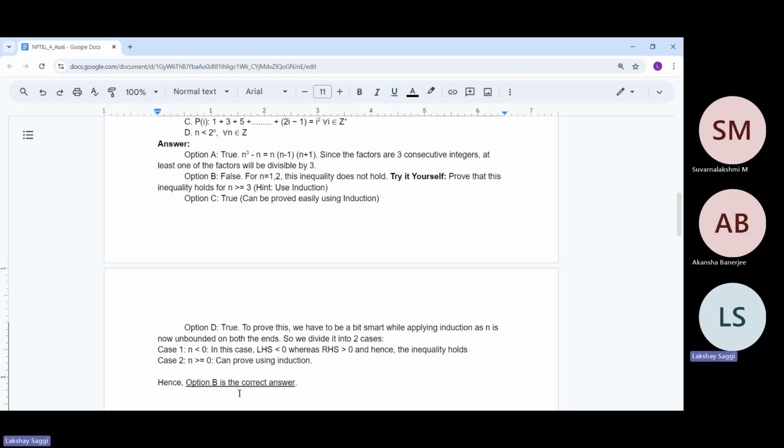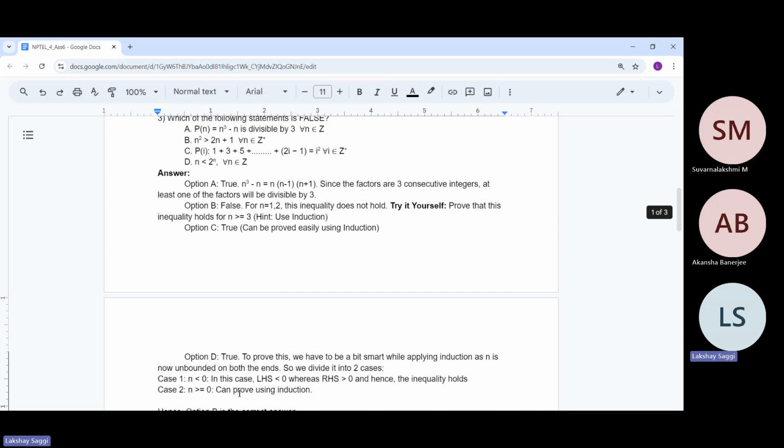One thing I would like to mention in today's session: rather than just knowing the answer, whether it is true or false, the nuances which I'm telling you are more important in my opinion. Because whenever you are proving stuff, induction will be used a lot, and these nuances will come into play.